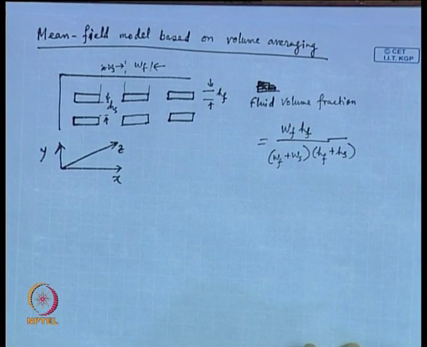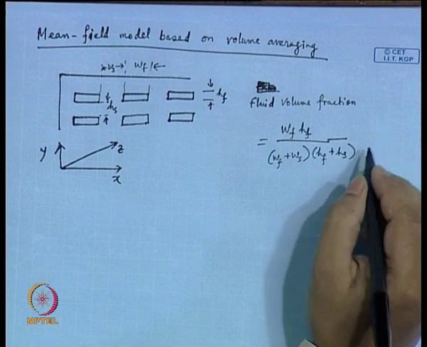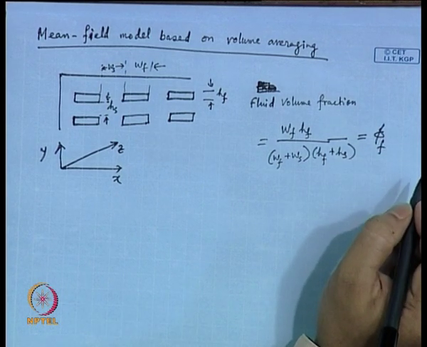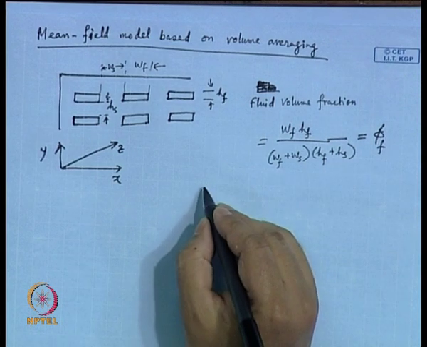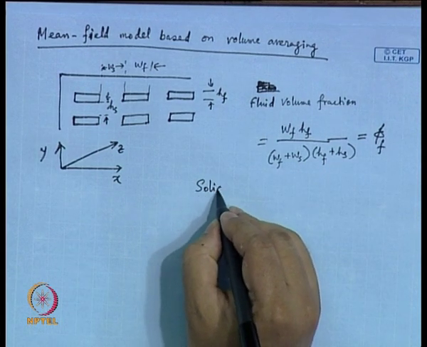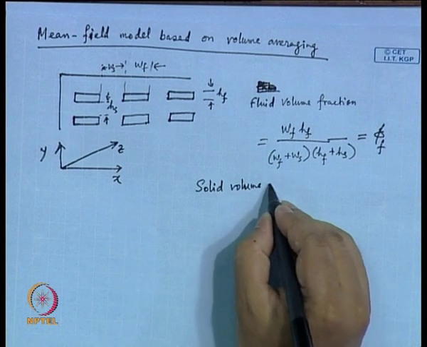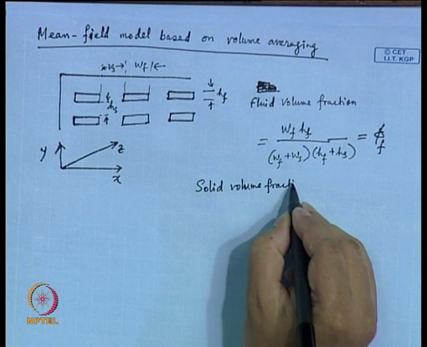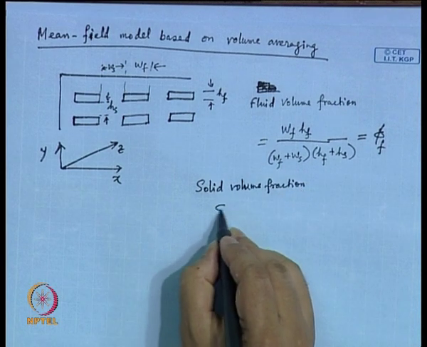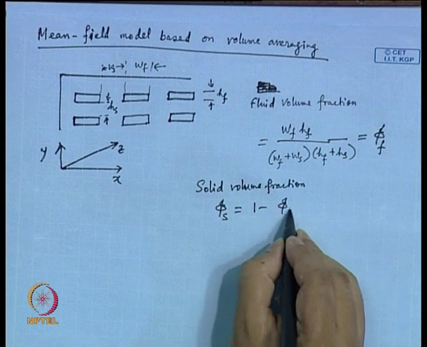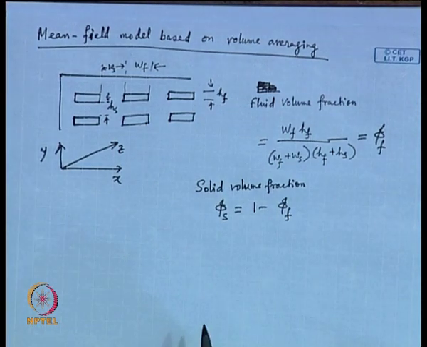This is how you define the fluid volume fraction, and we call this phi f. And then the solid volume fraction, phi s, is equal to 1 minus phi f.